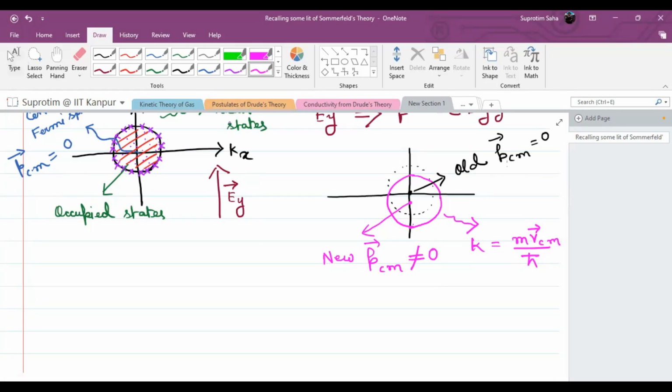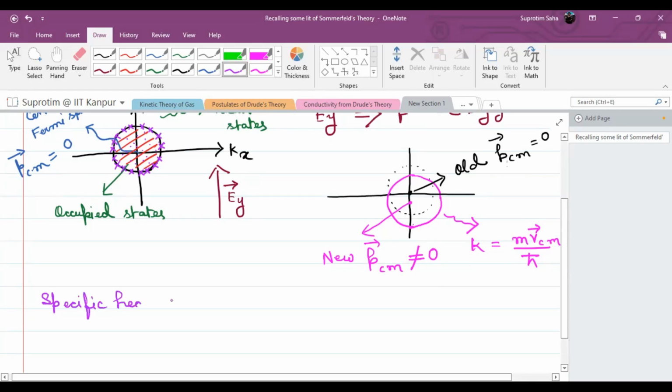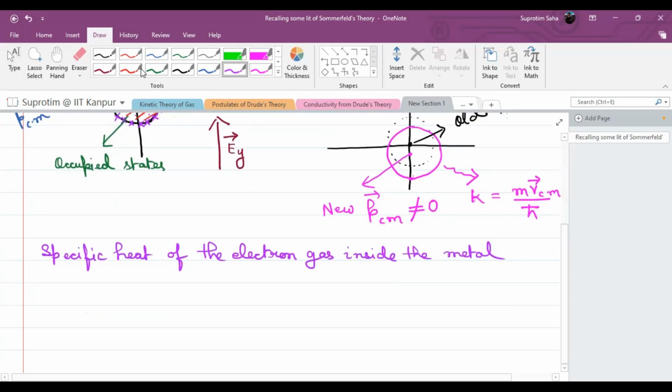So now, what we are going to learn is the specific heat of the electron gas inside the metal. Let me add, this is still a non-interacting gas.